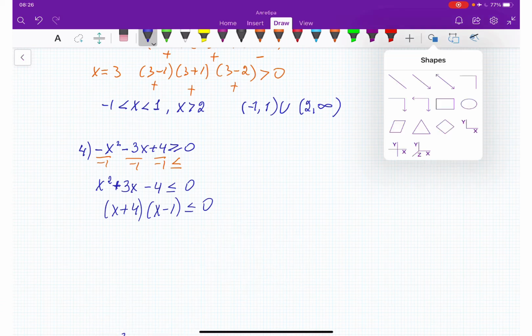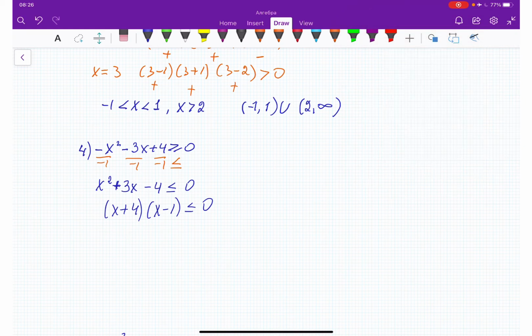Real quick, this is going to be our number line. So x is equal to -4 from here, and x is equal to +1, and both of them are going to be solid.